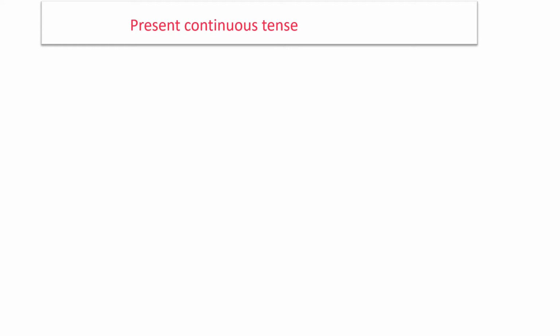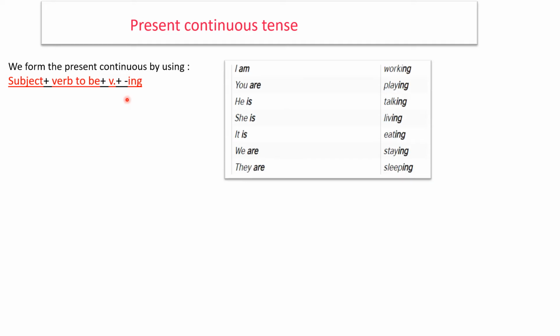We took the present continuous tense in a previous lesson, and we learned its composition. We form the present continuous by using a subject, a verb to be in the present tense, and a verb ending with -ing. I takes am, for example, I am working.